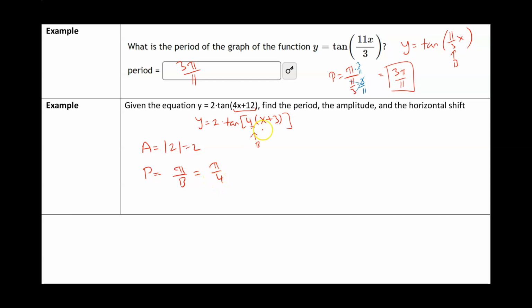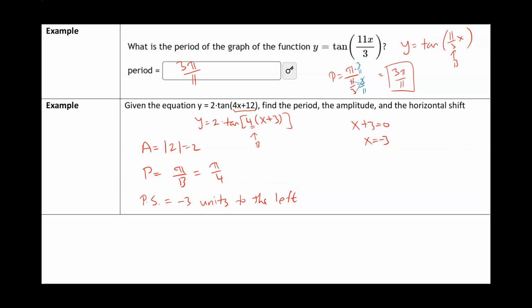And the horizontal shift, so remember that the horizontal shift is also called a phase shift. So when we have x plus c, we move to the left. When you have x minus c, we move to the right. In this case, if you set x plus 3 equal to 0, we're going to get x equal to negative 3. So we're shifting negative 3 units, or we can say 3 units to the left.